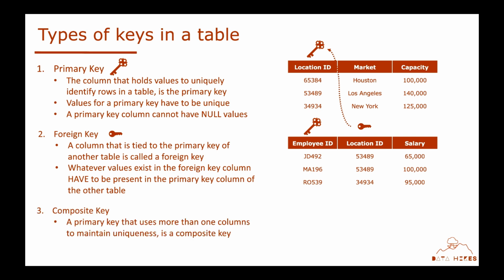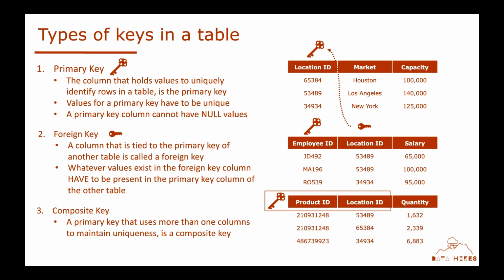The next key we'll be looking at is the composite key. A composite key is basically just a primary key that needs more than 1 column to maintain uniqueness. We'll look at an example. Now, I want to look at the in-stock quantities for a particular product. I am using a combination of product ID and location ID as the primary key here.